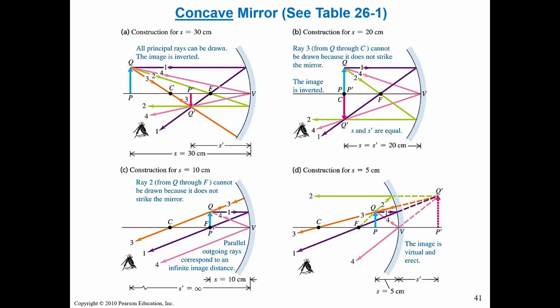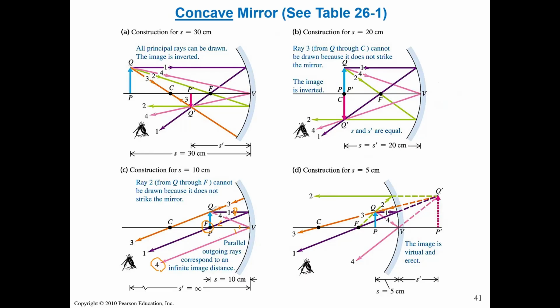And now if you put your object exactly at the focus, F, what happens is that you can do this ray tracing for the P ray. The P ray will be going through F after reflection. You do this ray tracing for this number 4 ray. It goes through the point V, and it reflects at the same angle towards number 4.